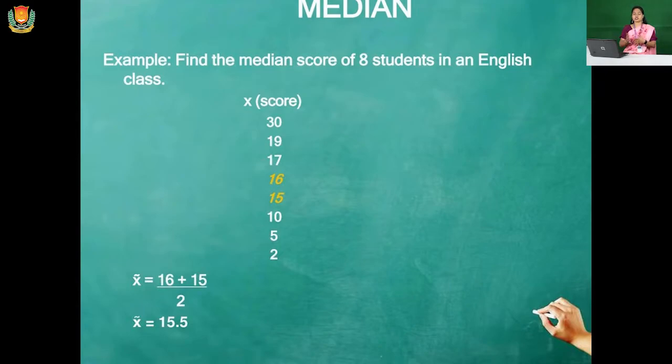Similarly, if you have data for 8 students, an even number, we take the two middle values. The first mid value is 16 and the second is 15. Then n1 plus n2, we add both values and divide by 2, giving 15.5.